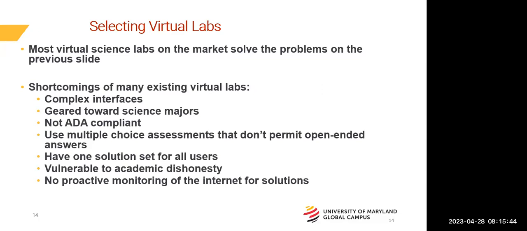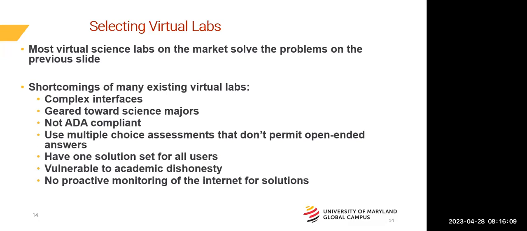But even in our search for virtual labs, we still encountered some issues. Some of the virtual labs that were out there had very complex interfaces. So we were concerned that some of our students might still struggle with that and might feel intimidated by that.